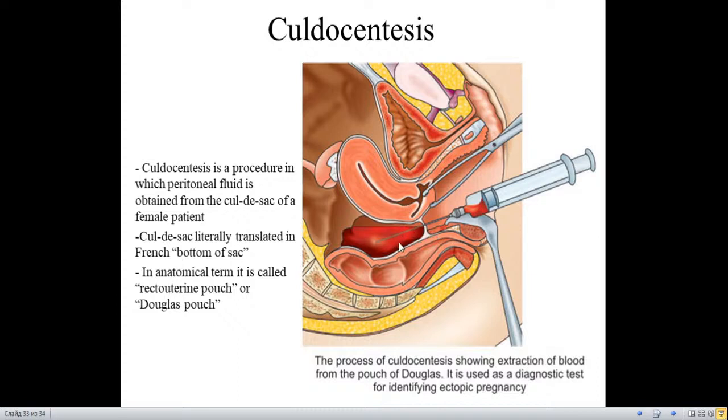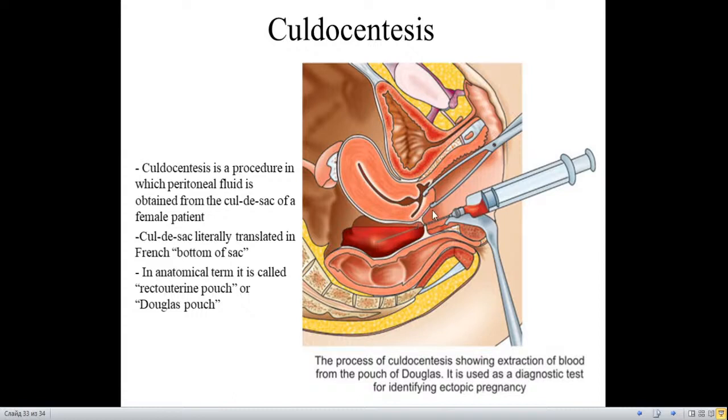And actually this pouch is located very close to a space called the posterior vaginal fornix. Let me comment, what is it? Actually, the cervix of the uterus inserts into the cavity of the vagina, and due to relation to the vagina it has two parts: the vaginal portion facing the vagina and the supravaginal portion.